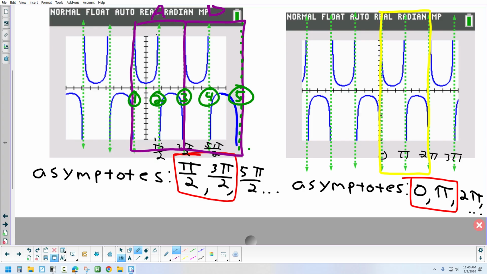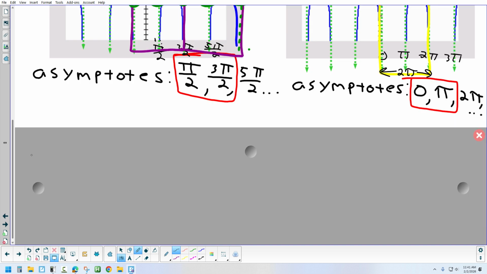Pi. Yeah. We're back to 2 pi. And it's the same for these purple blocks as well. So secant and cosecant have a cycle like sine and cosine. It is naturally 2 pi.